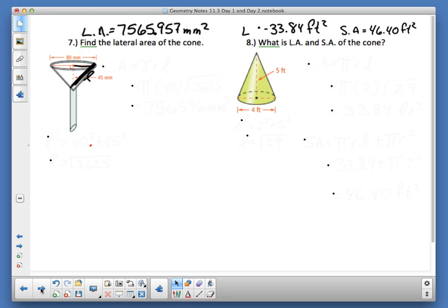So get them going, and keep in mind, you got to make a right triangle to help you find slant height. And remember, 4 is not a leg of that right triangle. You got to do something special with that value, that diameter of the circle, to get the right measurement for that triangle.